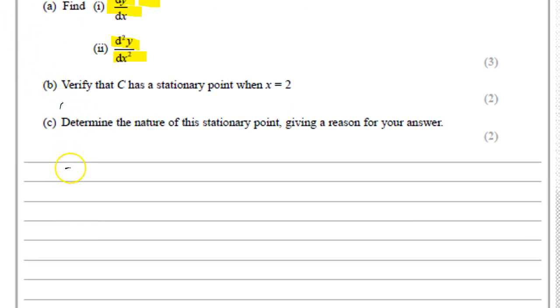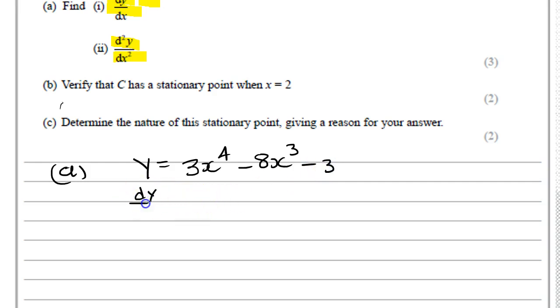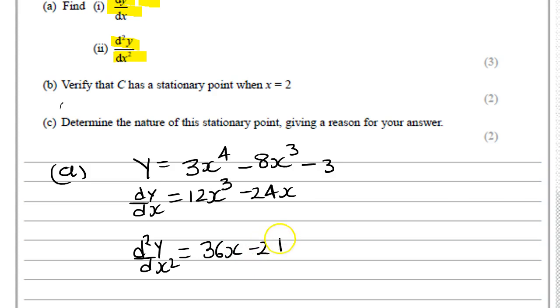So this is part a, and y equal to, it is given, 3x^4 minus 8x^3 minus 3. Yeah, so once we do dy/dx, that is differentiation of y with respect to x, it will be 4 times 3, that is 12x^3, minus 24x^2, and differentiation of 3 will be 0, that is dy/dx. And if you need to calculate the second derivative, that is d2y/dx2, it will be 12 times 3 is 36x^2 minus 48x.